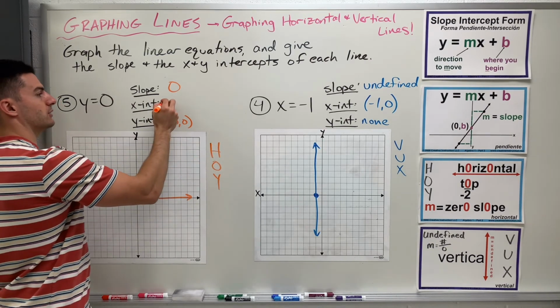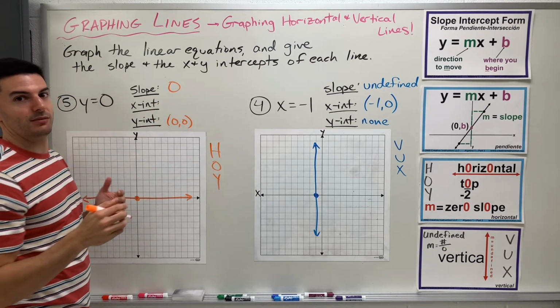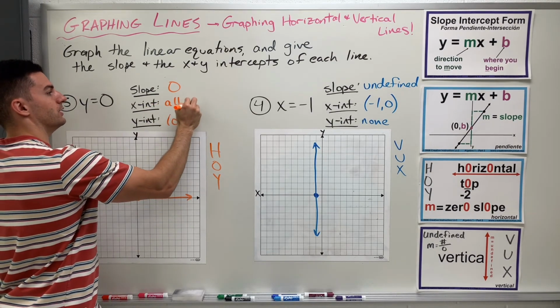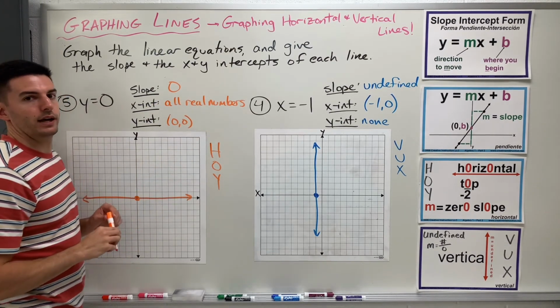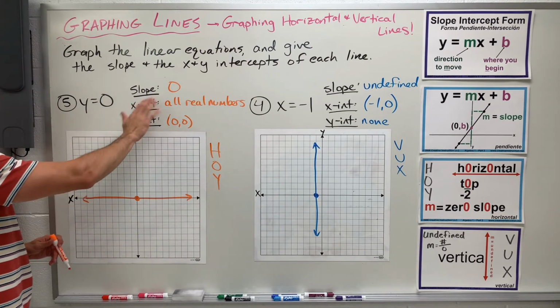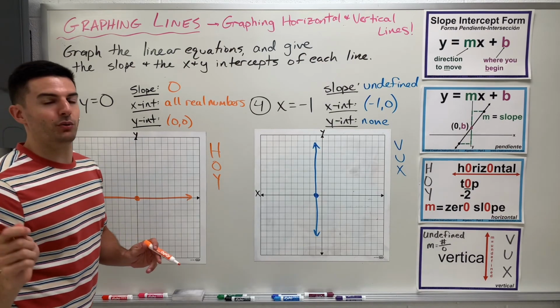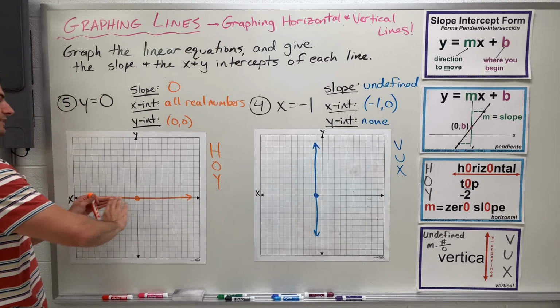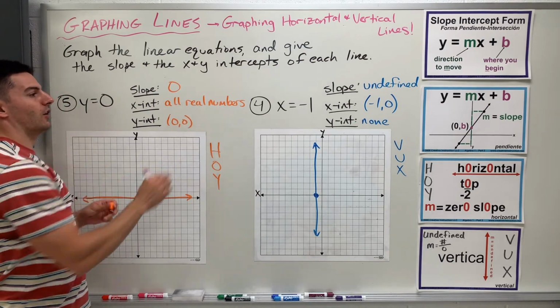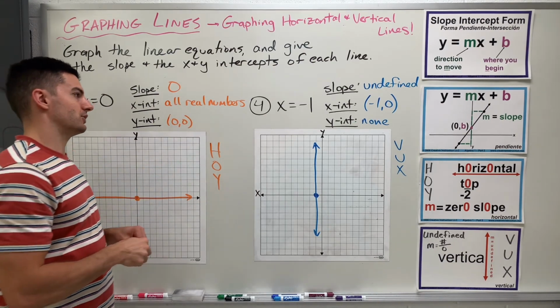I would actually put the answer that means everything in math, all real numbers. That's my way of saying always, every single time. In terms of x-intercept, every single point technically is an x-intercept because it's touching the x-axis the whole time. So I would put that all real numbers answer for that.